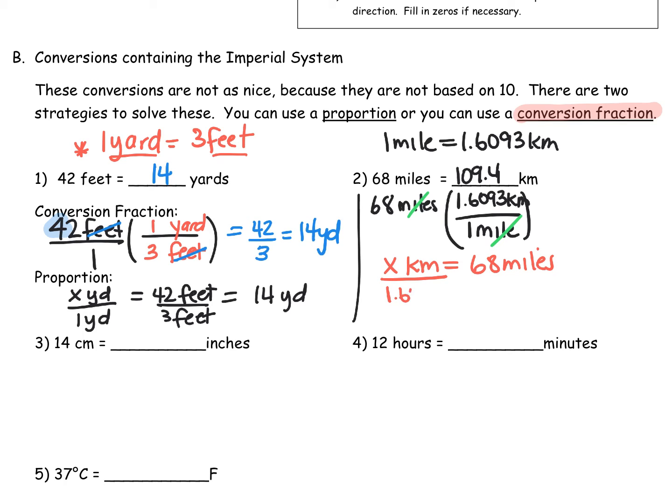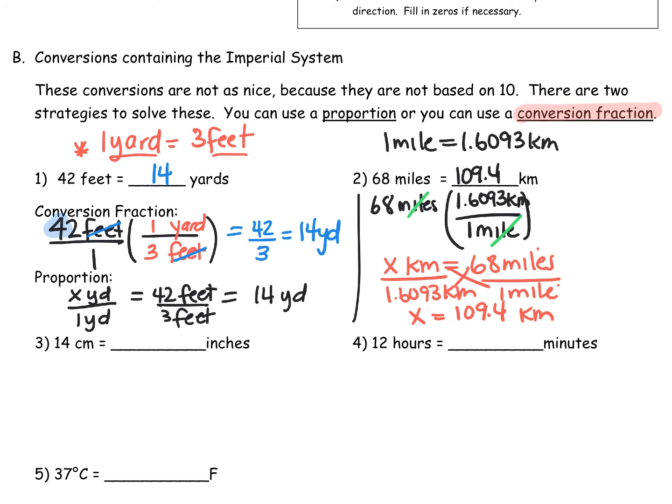I've got 1.6093 kilometers is 1 mile. I would need to cross multiply and solve. So x times 1 is x, and 1.6093 times 68 will get you the 109.4 kilometers. Okay, so either way works for me.